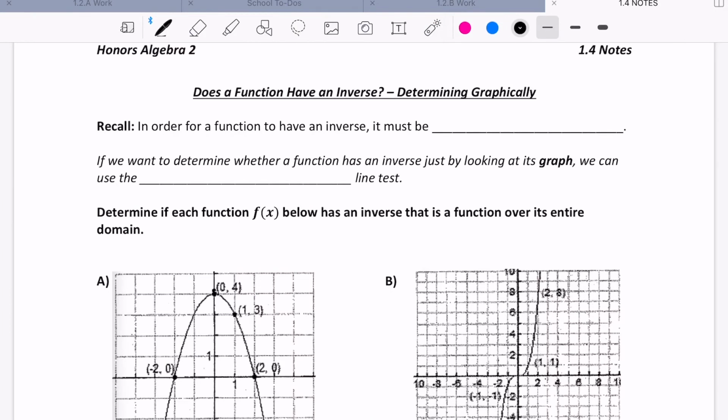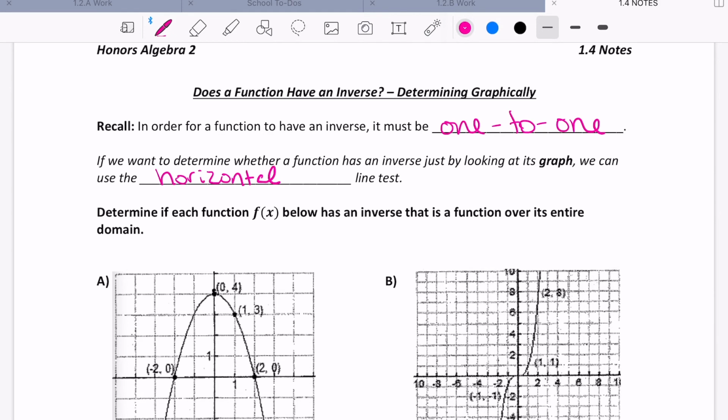Last portion of the notes is to determine if the function has an inverse graphically. So in order for a function to have an inverse, it must be a 1-to-1. If we want to determine whether a function has an inverse just by looking at its graph, we can use the horizontal line test.